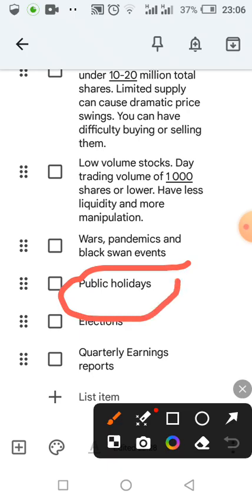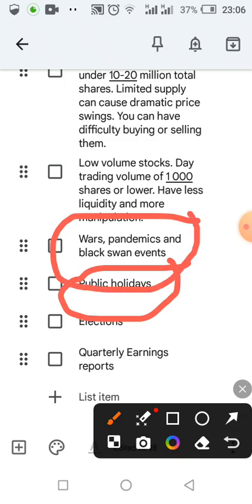Then on fundamentals, you also have to consider public holidays of the country of the instrument that you are trading. This affects all asset classes of financial instruments. The same applies for wars, pandemics, and black swan events. They also affect all financial instruments, be it cryptocurrencies, stocks like Google and Microsoft, and even Forex currencies.